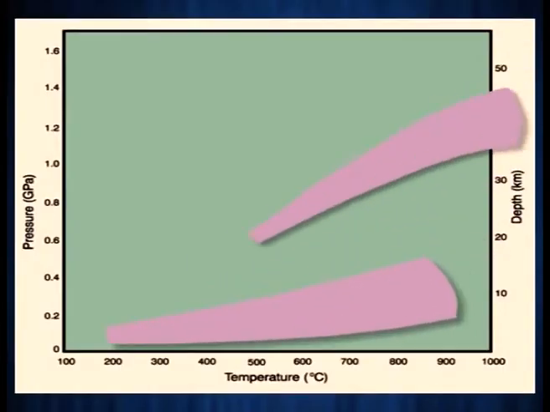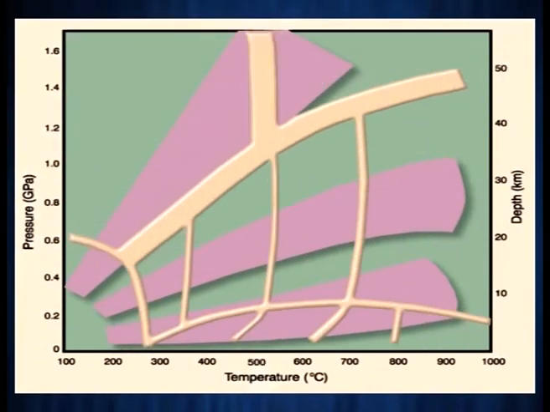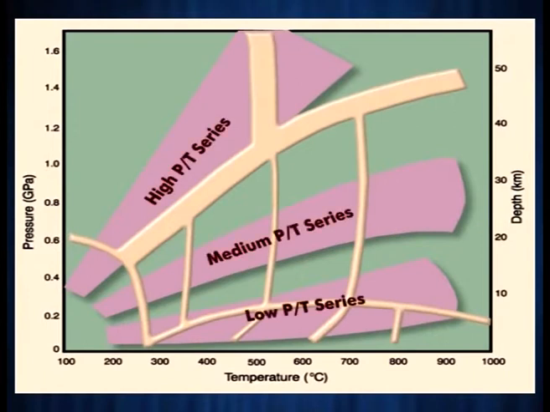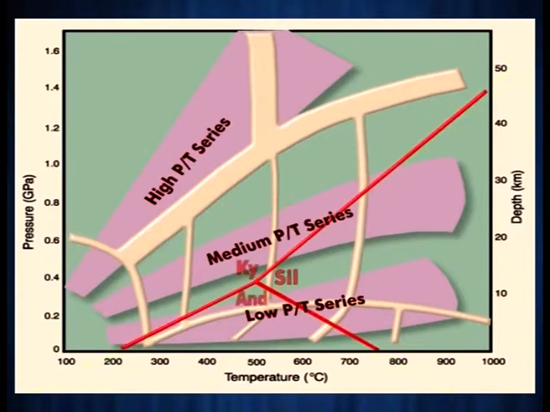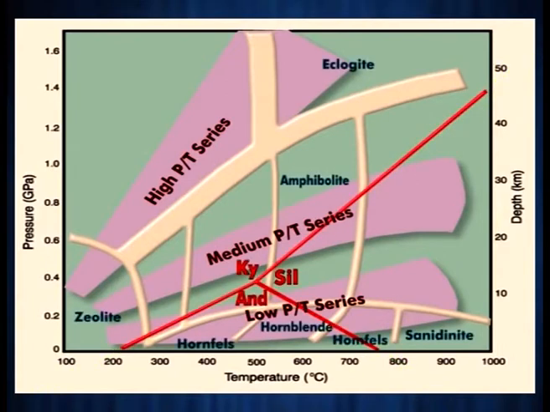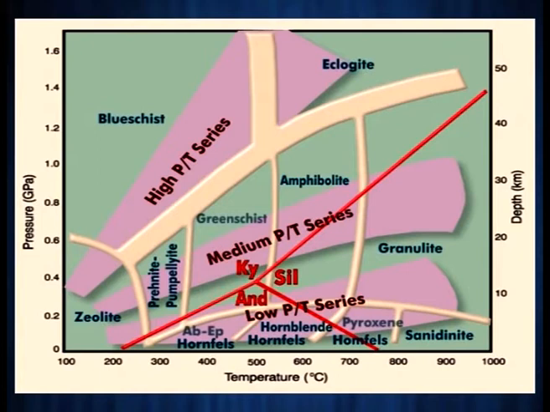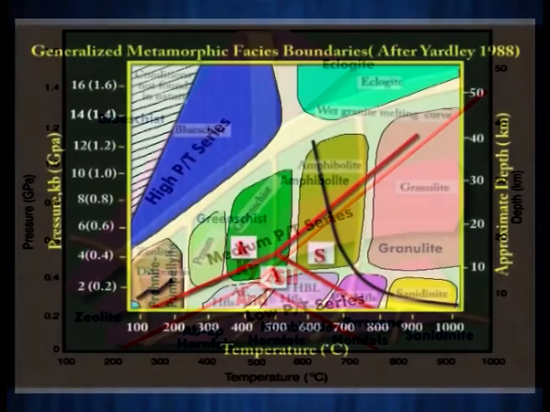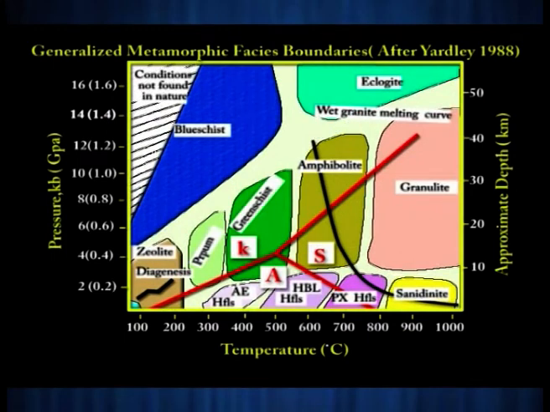On the basis of pressure and temperature, we can divide the metamorphic facies into three types, mainly facies of low pressure, facies of intermediate pressure, and facies of high pressure. Miyashiro originally recognized three different facies series. First, a zeolite, prehnite, pumpellyite, blueschist, eclogite type.